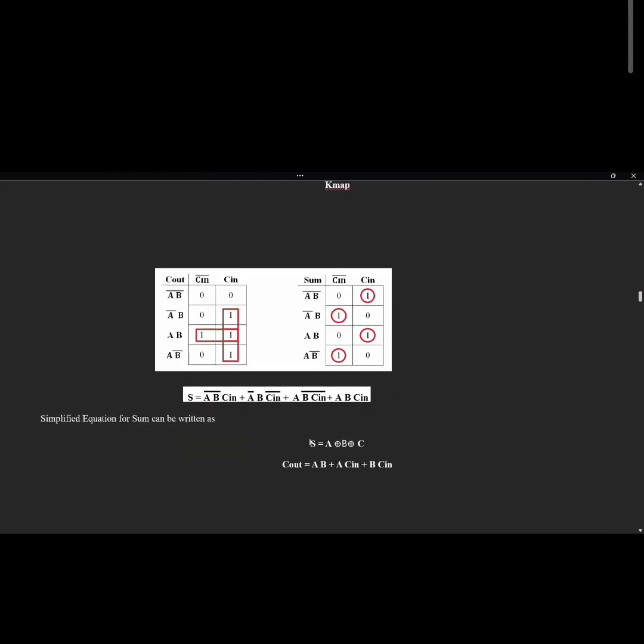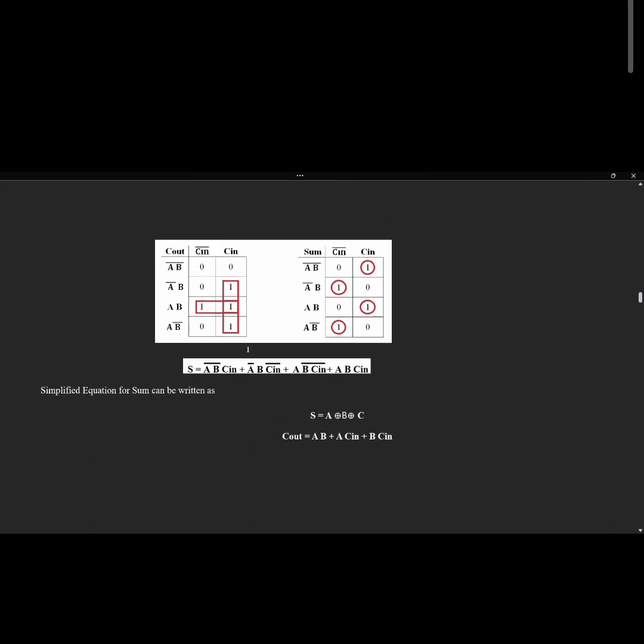So this is the sum expression because we can't make any pair here. For carry out, one pair is A B, another is A carry in, and the next is B carry in.